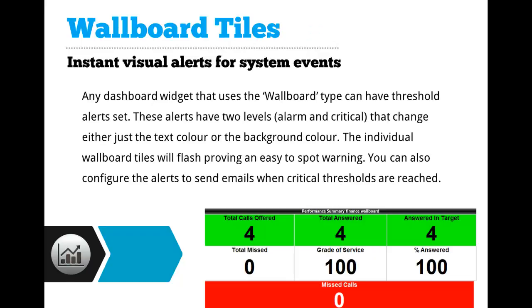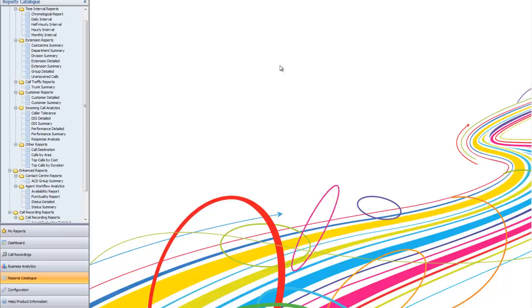And we've also included some wallboard tiled-type views that give you alarming capabilities, in terms of flashing the background and the text colours, and actually emailing out notifications when thresholds are reached. So I'm now going to show you in the demo system what the dashboard is all about.